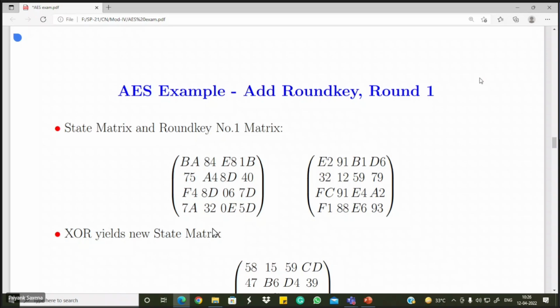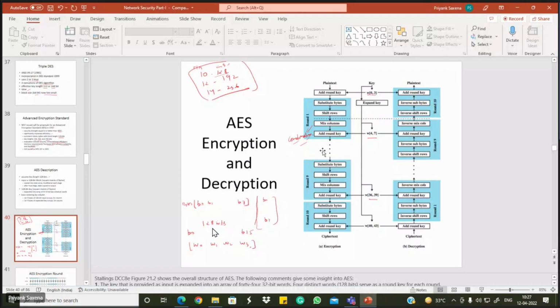when round 1 is over, you enter into the second round. In the second round, again you have to add the round key with this. So W4 to W7 will come. So what is the round 1 key? E232 FC F191.